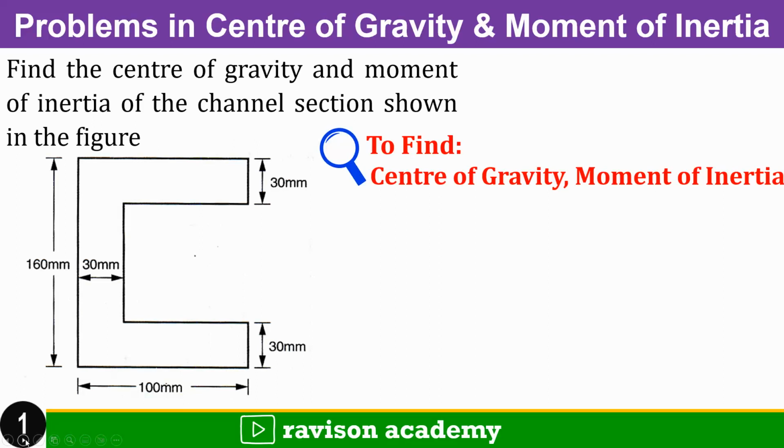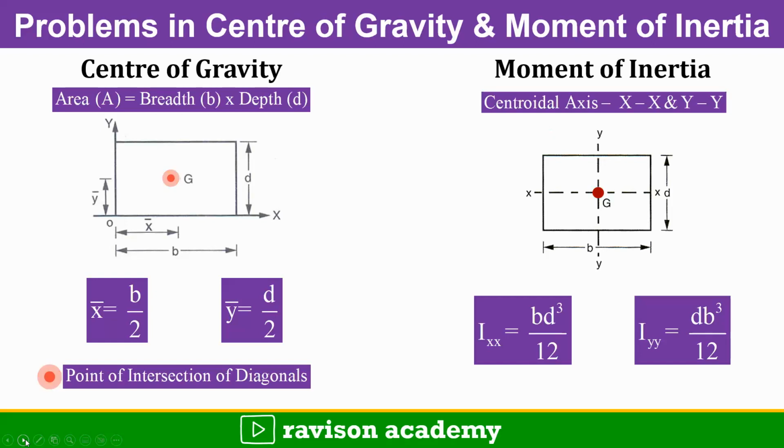Before going to the problem, we want to remember certain equations for center of gravity and moment of inertia of the rectangular section. The area of the rectangle is equal to breadth into depth, and the center of gravity lies at the point of intersection of the diagonals.